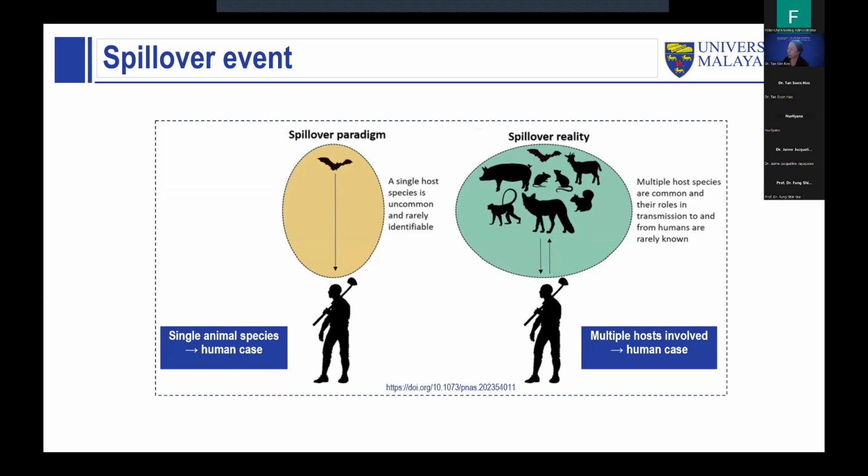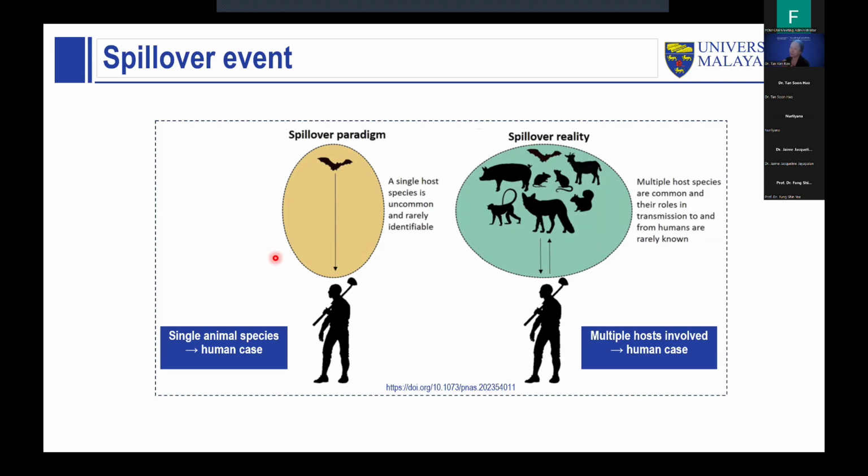So in this slide, we focus on spillover events. It's when microbes first jump from the animal reservoir into humans and have their first infection. On the left here is a very simple spillover event that scientists used to think of, a very simple framework, where you only have one species, that species carries a particular pathogen, and the pathogen will infect people.